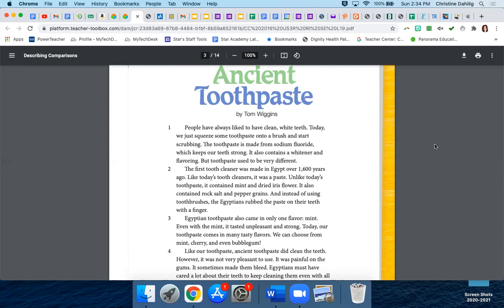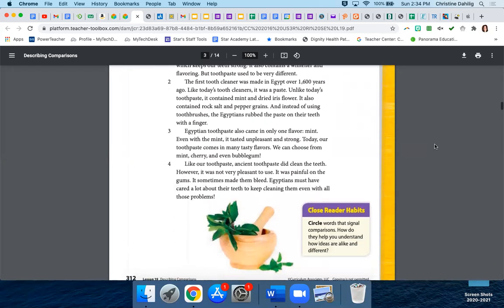And sometimes the comparison is between two ideas in the same sentence, and sometimes it's between ideas in different sentences, but in the same paragraph, and yet other times it's between ideas in different paragraphs. Please take a look at the purple close reader habit box here. Again, it says circle words that signal comparisons and ask yourself, how do they help you understand how ideas are alike and different?